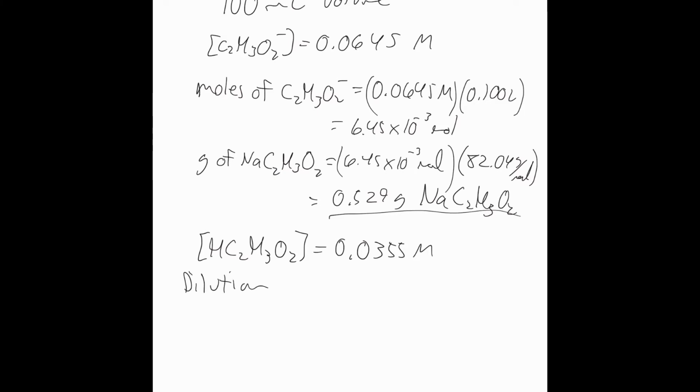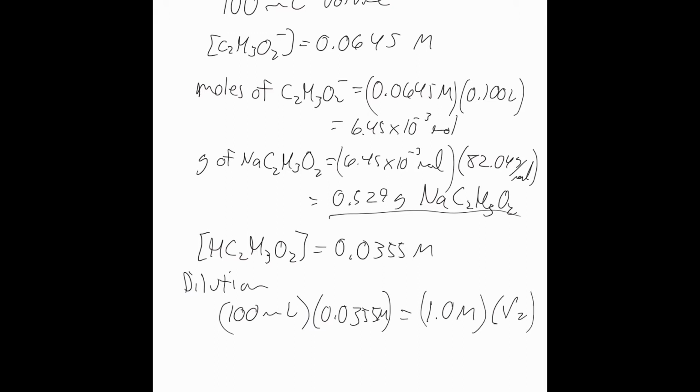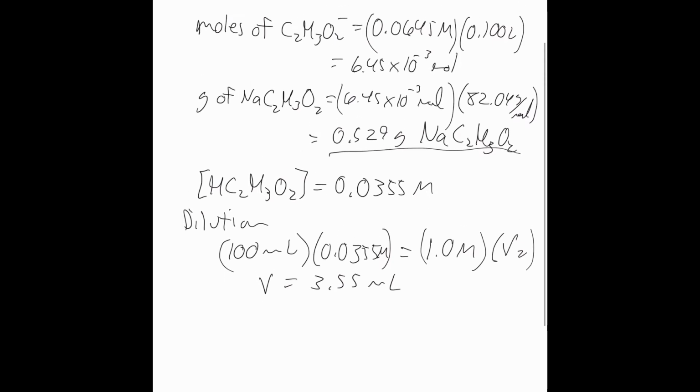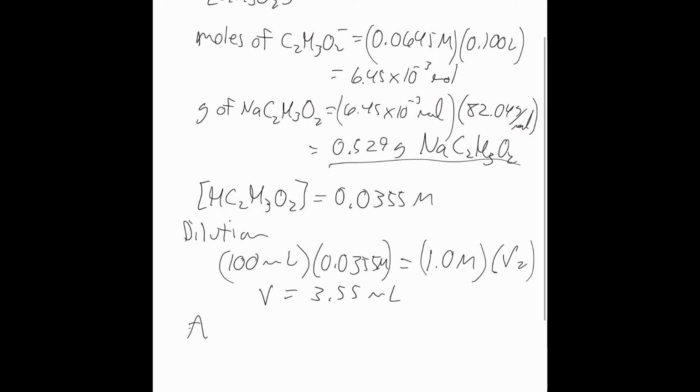We have 100 milliliters, and 0.0355 molar, that's what we want, is equal to 1 molar times whatever volume that would be. If we multiply that out, we'll find that this should be 3.55 milliliters.